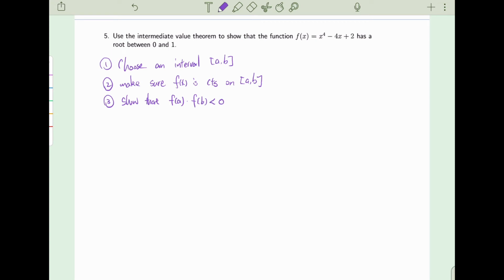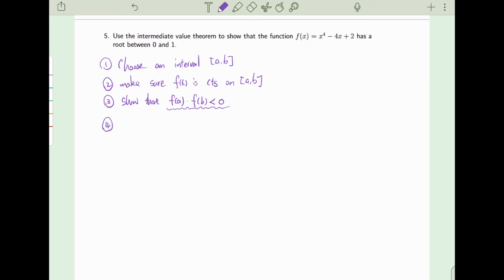So the signs of f(a) and f(b) are going to be different. So the product is less than 0. That is what I mean here. So basically you're showing that f of x evaluated at the endpoints of this interval is going to be different. Okay, so that is f(a) times f(b) less than 0.